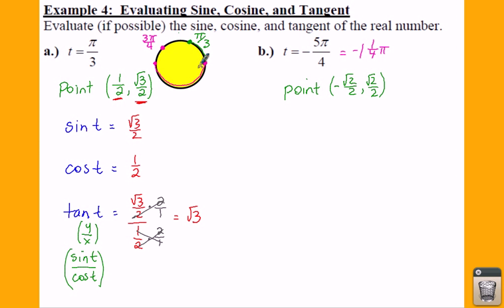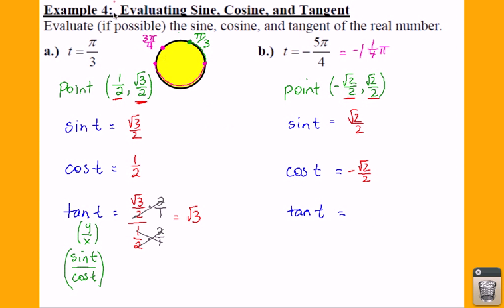So if we figure out what our sine of t, cosine of t, and tangent of t are, my sine of t, that's the y value, so that's positive radical 2 over 2. Cosine value, that's your x here, so you get a negative radical 2 over 2.